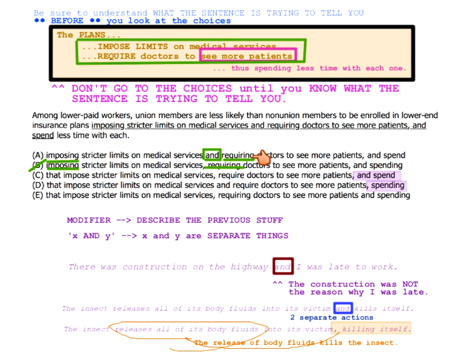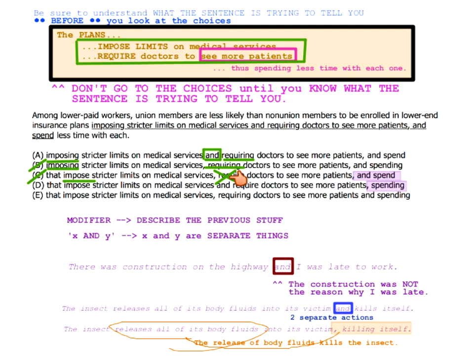And I mean, if you interpret B as a structure of imposing, requiring, and spending, then it's just nonsense, because then you have insurance plans spending time with people. So it needs to be imposing these things and requiring doctors to see more patients. Gotta have an and there. That impose, and there's no and, so nope.